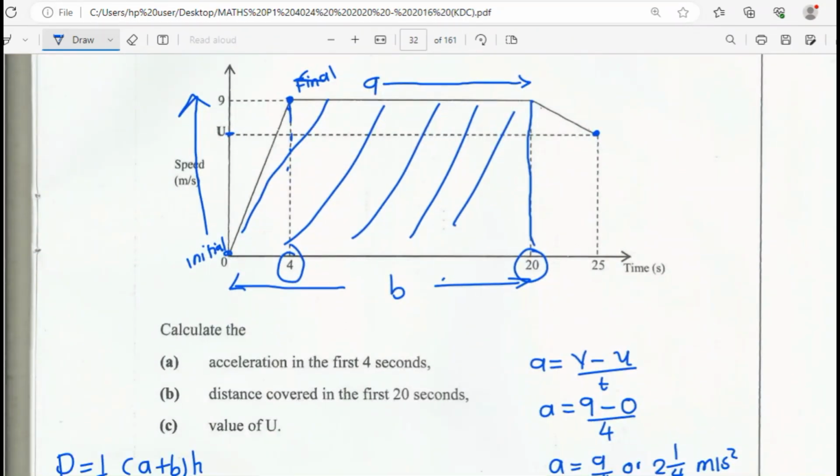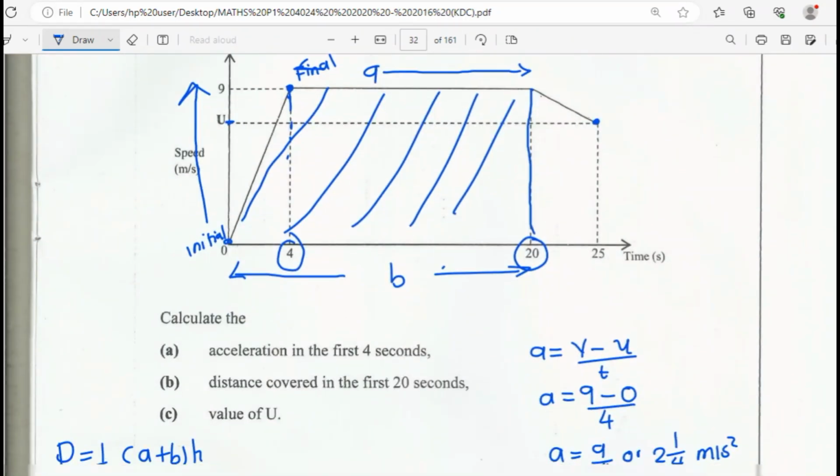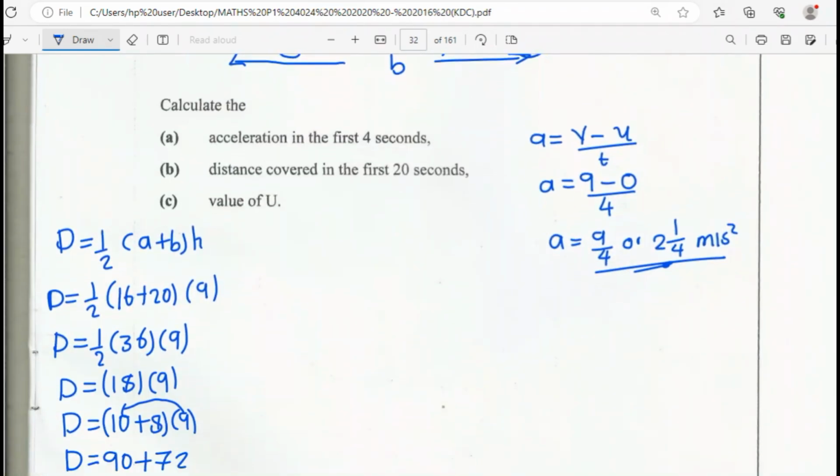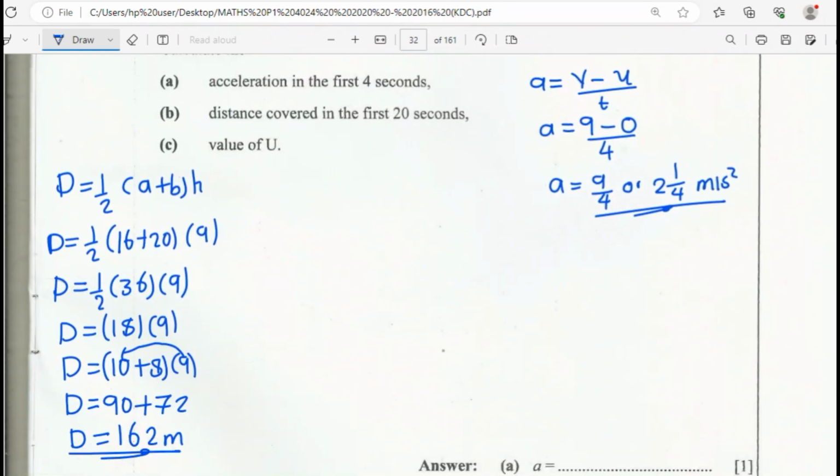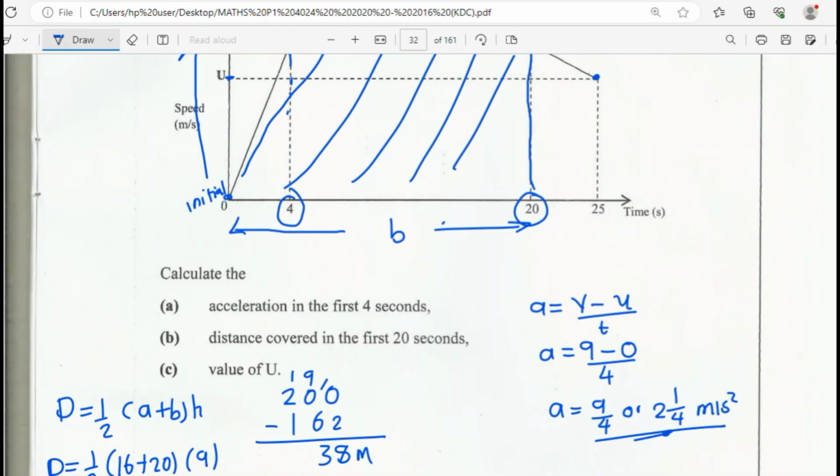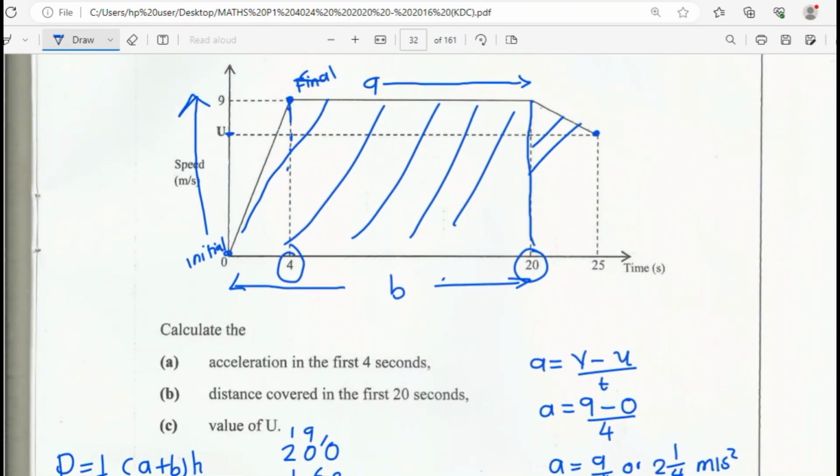Now remember, from 0 up to 20, the distance is the one that we have calculated, which is 162. So we'll say 200 minus 162, then we'll be able to get there. So here we get 10, here we have 9, 1. So 10 minus 2 is 8. Here minus this one will just give us 38. So the 38 meters is the distance for this part.